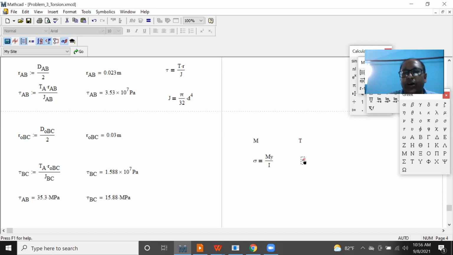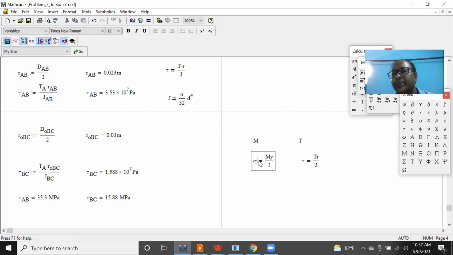But in the torque, you will have a different scenario. The torque equation is tau equals TR divided by J. This is one difference. And what is the distribution of bending stress? Bending stress you can apply to any cross section, round, circular, even an angle or C-channel, I-beam, or T-shape cross section.